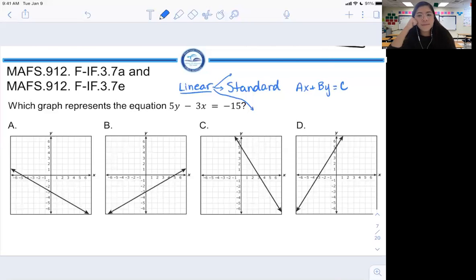There's standard form. What else is there? Vertex form. But that's quadratic. We're not talking about quadratics. We're talking about linear.